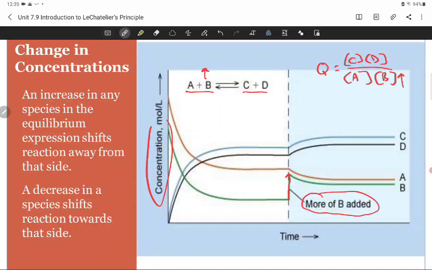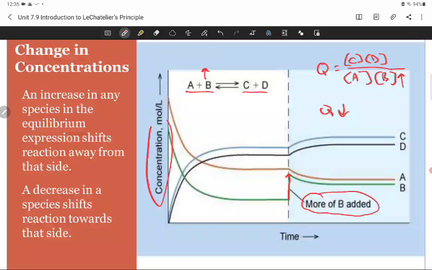So if we add more B, that's the bottom of this fraction, it's going to make Q become a smaller number. The K is not changing, but the Q is changing in relationship to the K. If Q becomes smaller and smaller, then it's going to shift the reaction.